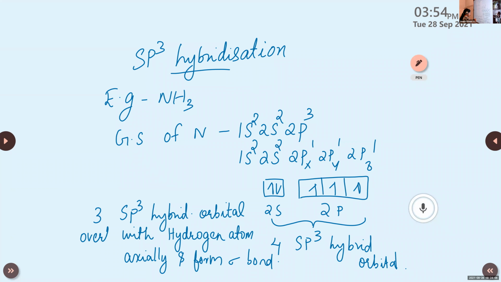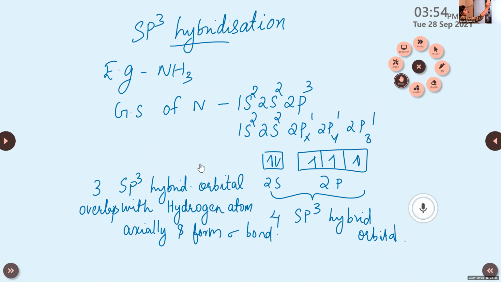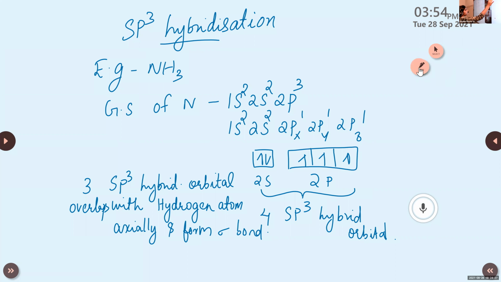Here it overlaps with the hydrogen atom axially and forms a sigma bond. And the 4th sp3 hybrid orbital will remain as a lone pair. We have learned about lone pairs in the previous theories, right? Here also you can see the lone pair. That's the 4th one.